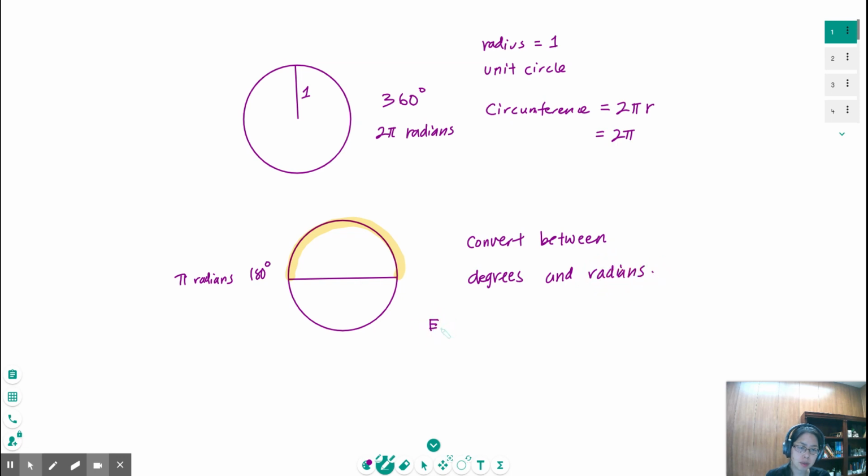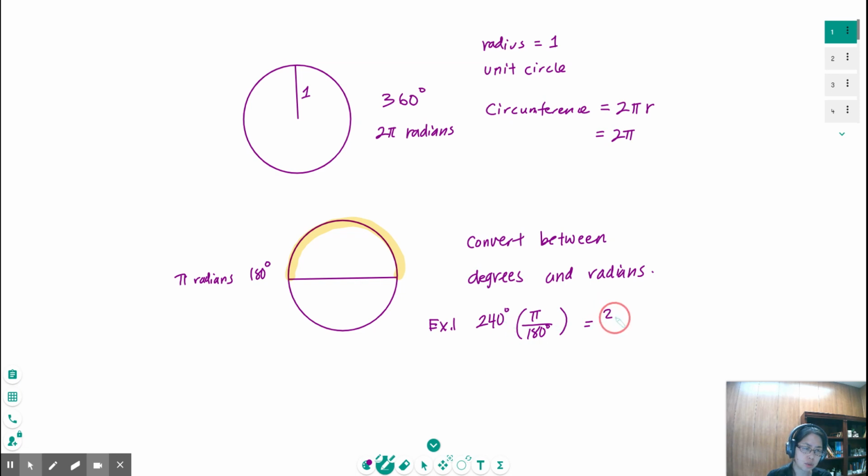Let's look at example 1. So if I have 240 degrees, then I know that 180 degrees is pi. So I'm going to put pi on the top and 180 degrees on the bottom. And then I'm going to simplify this.